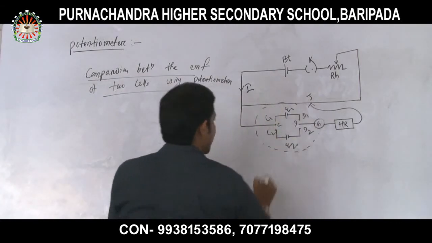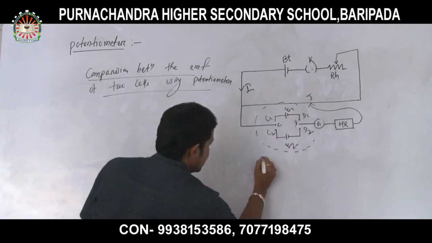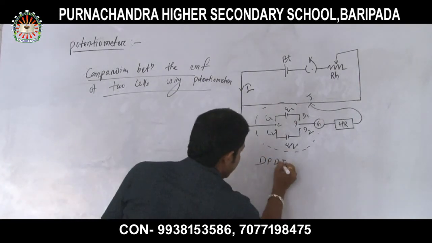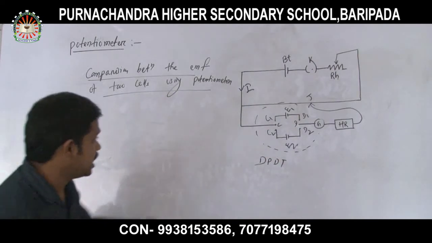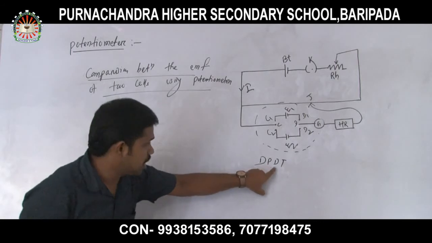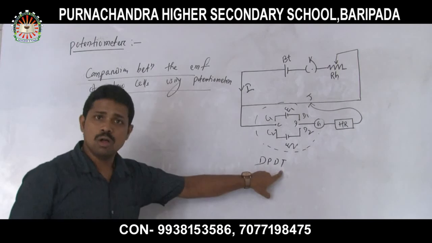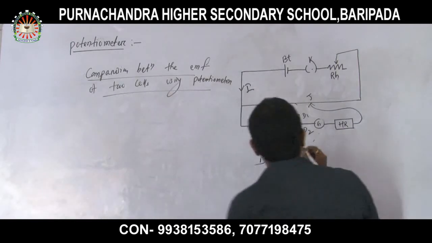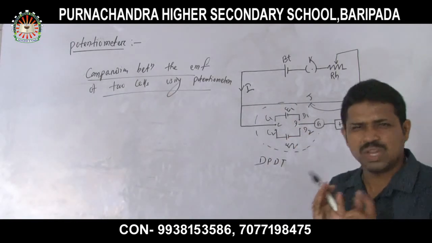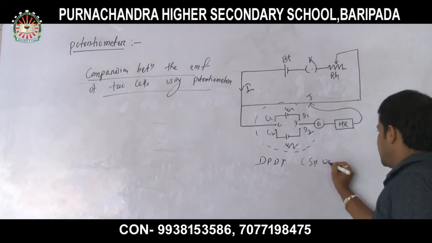Look very carefully, this structure is called DPDT. What is DPDT? DPDT is nothing but double pole, double throw. What does it mean? This is nothing but a switch. It is a 6-way switch.